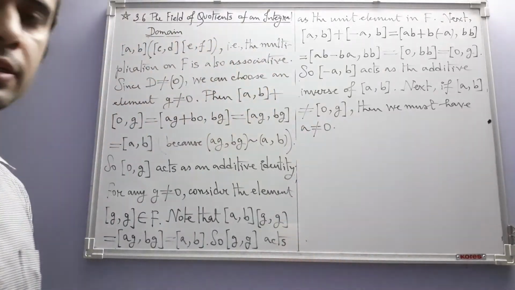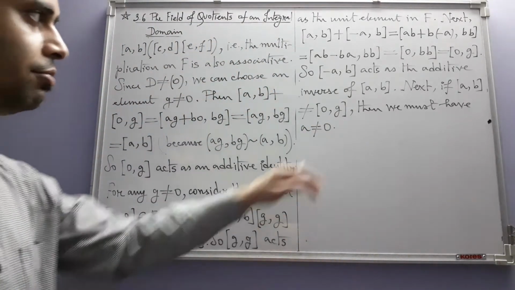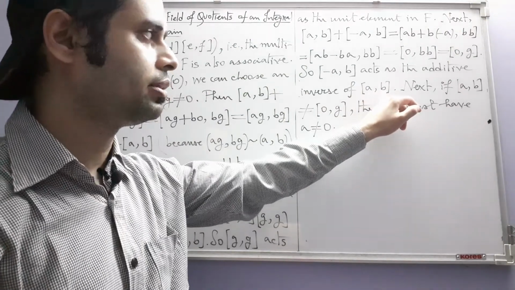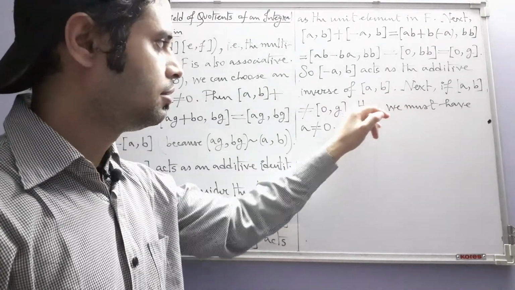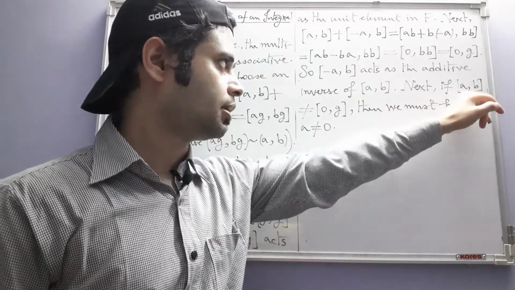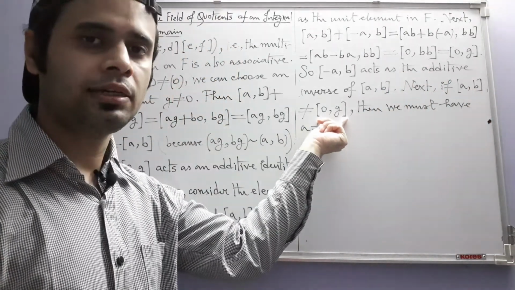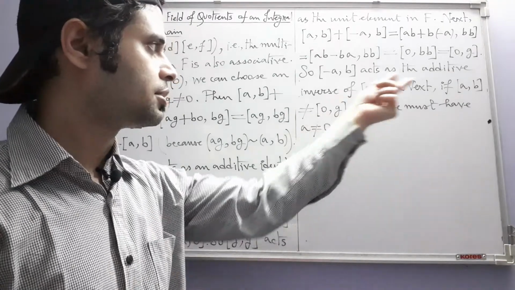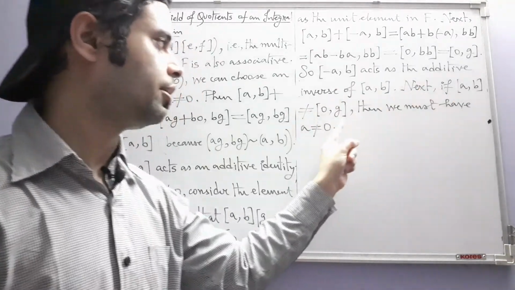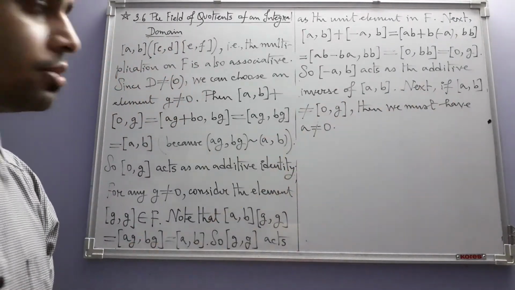Because if we call this the numerator and this the denominator, then if the numerator is 0, that will be equal to the additive identity in F. So since this is a non-zero element, the numerator cannot be equal to 0.